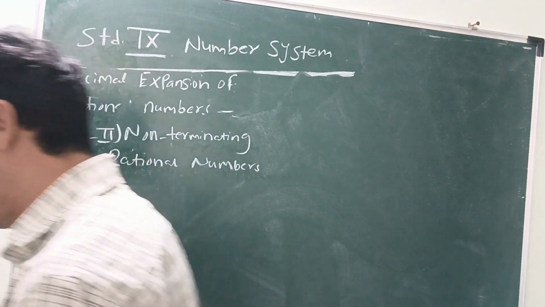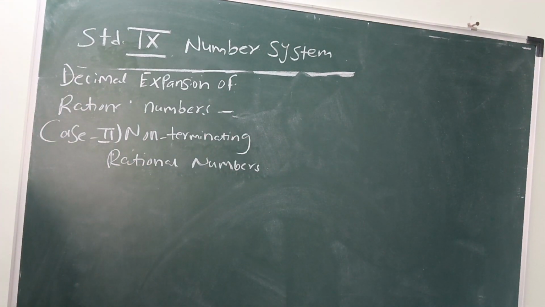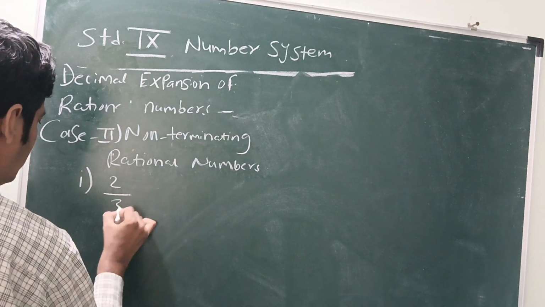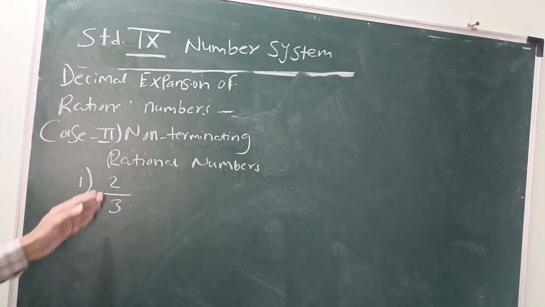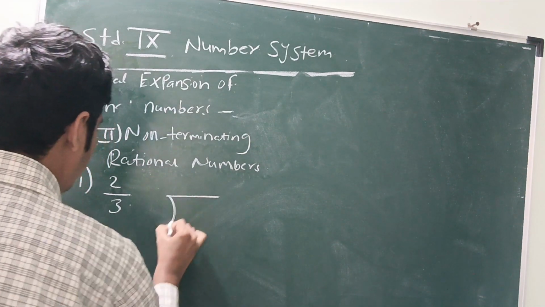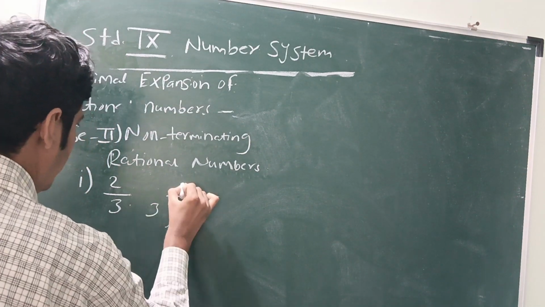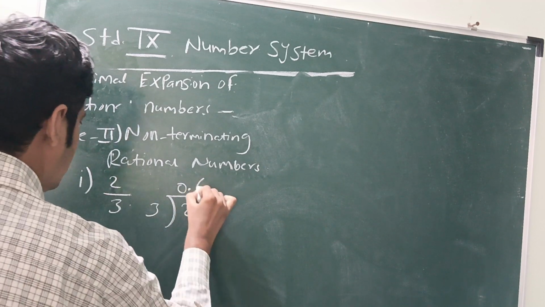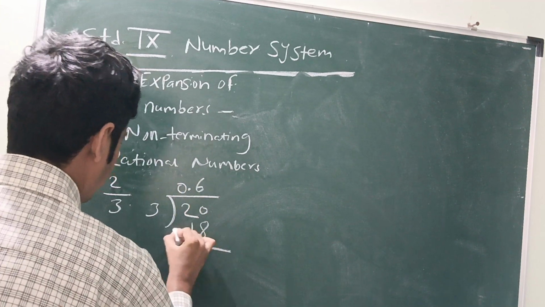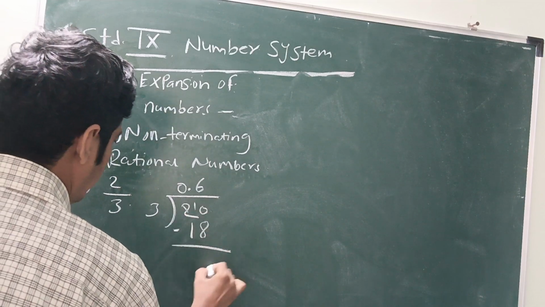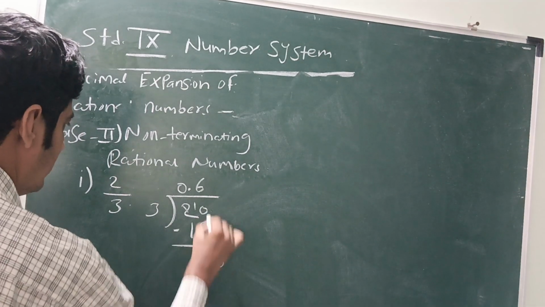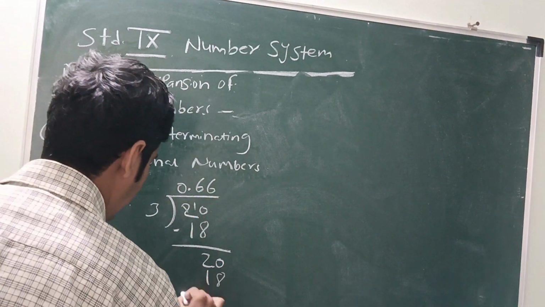So let's see the example 2/3. The first example is 2/3. Now we have to do this division. 3 into 2, write down 0 point 0. 3 6s are 18. The remainder is 2. So again here write 0. 3 6s are 18.